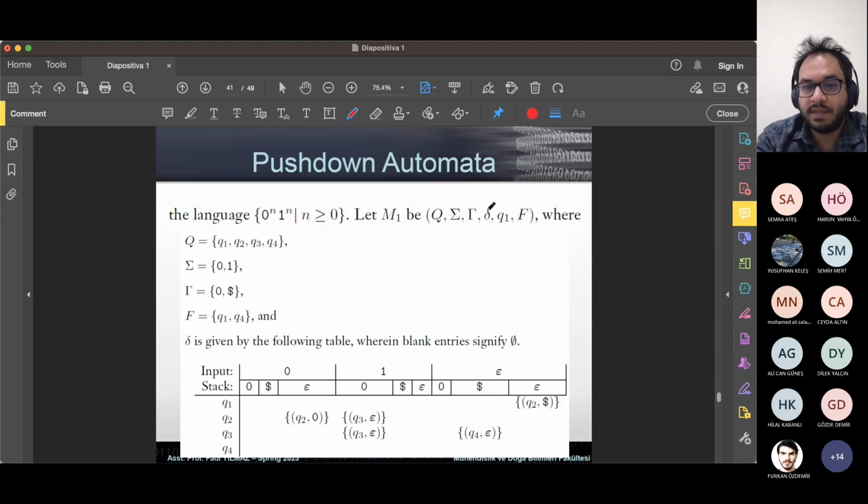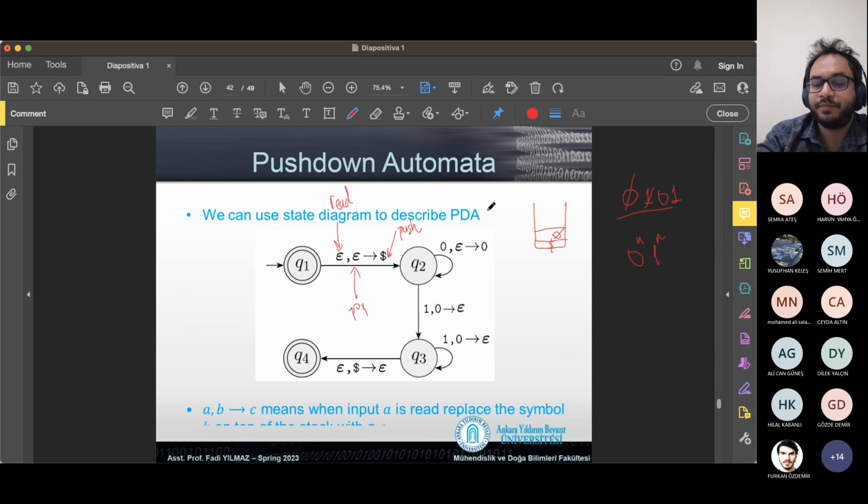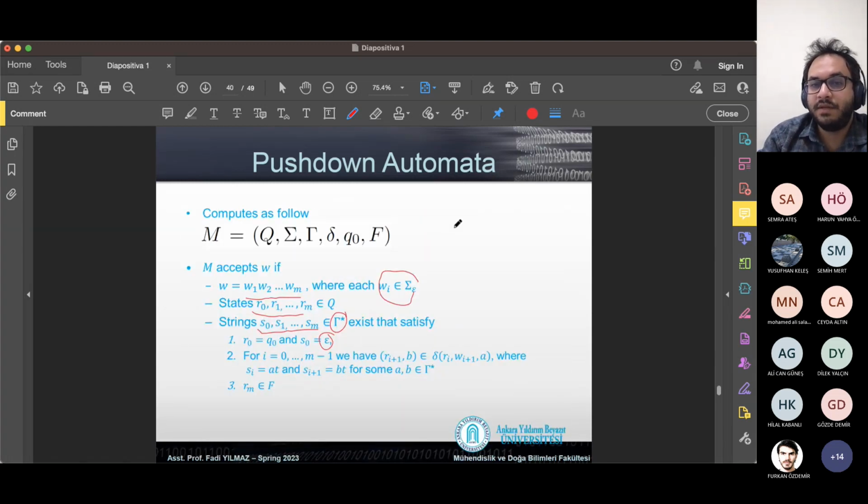For example, guys, let me show you one example. Okay. So we have this thing, right? I'm going to explain what it means. So we have Q1, then we go to Q2. We have epsilon, epsilon, and dollar sign.